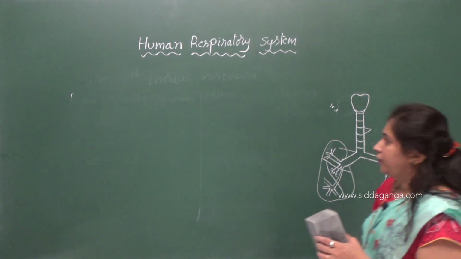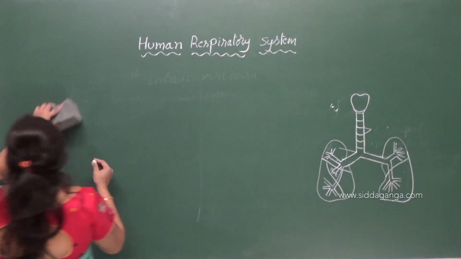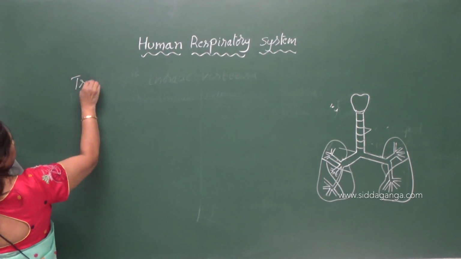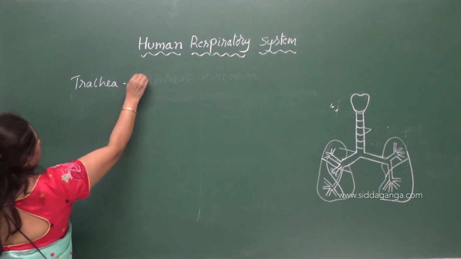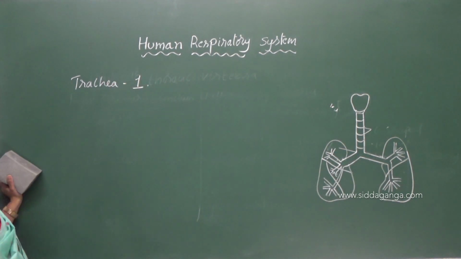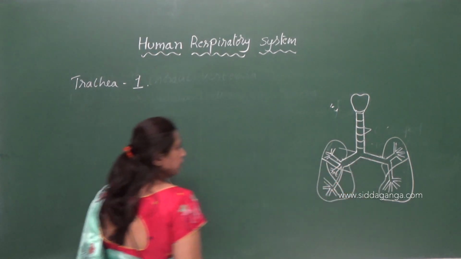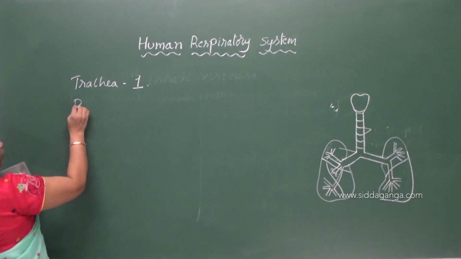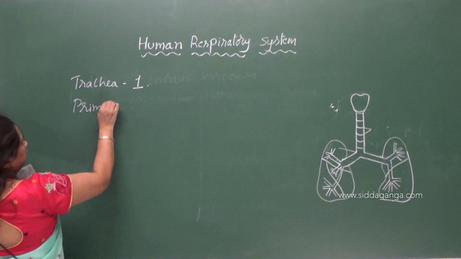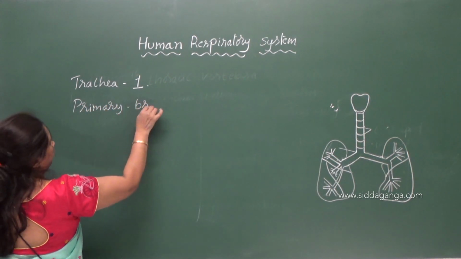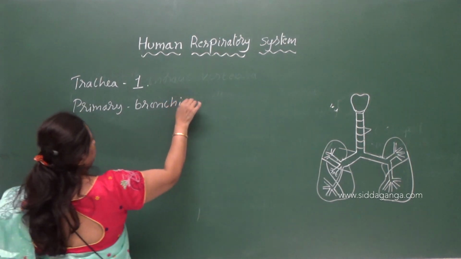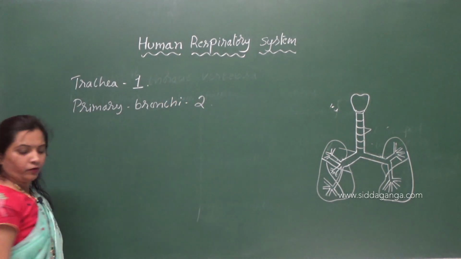So, the number of tracheae, how many? Trachea, 1 in number. Then primary bronchi, how many in number? Primary bronchi, 2 in number.